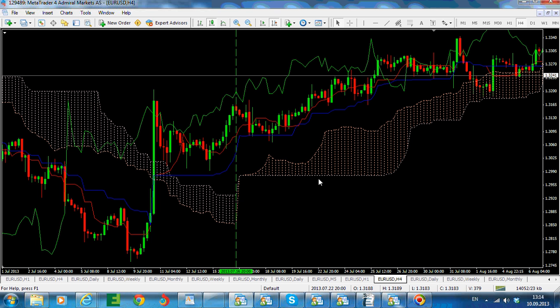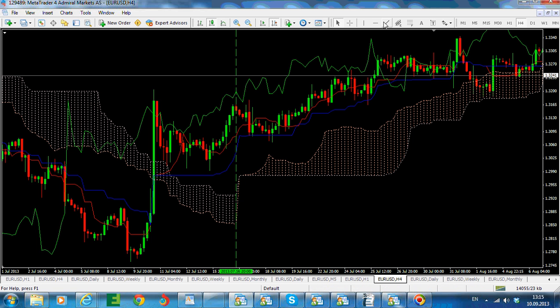Whenever price is finding itself above the Tenkan, so you are looking for price to be above the Tenkan, a trader should wait for a candle to close below the Tenkan line and touch it. So basically looking for a red candle that touches the Tenkan line. So we are looking for a red candle like this one here to touch the Tenkan line.